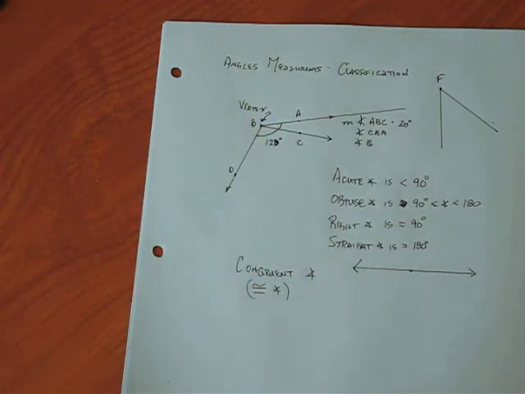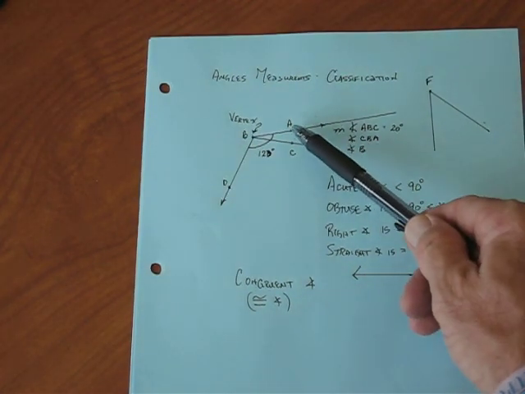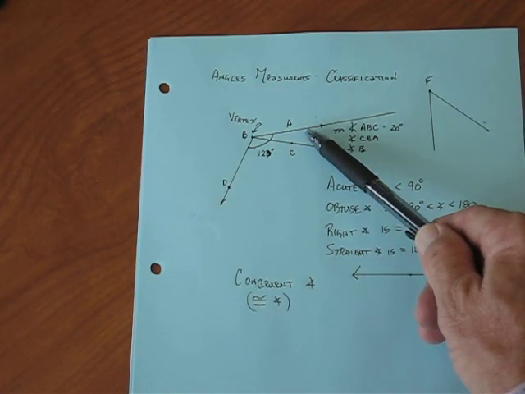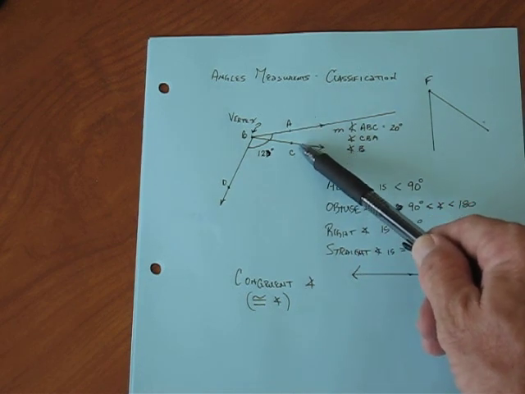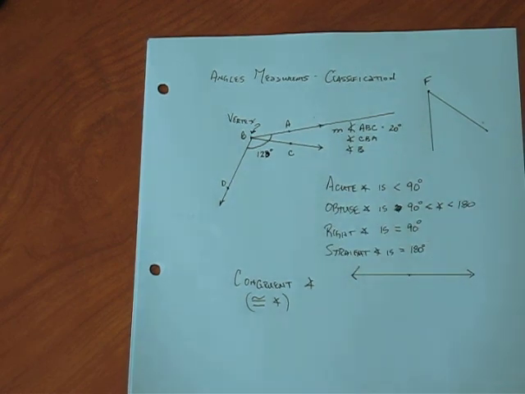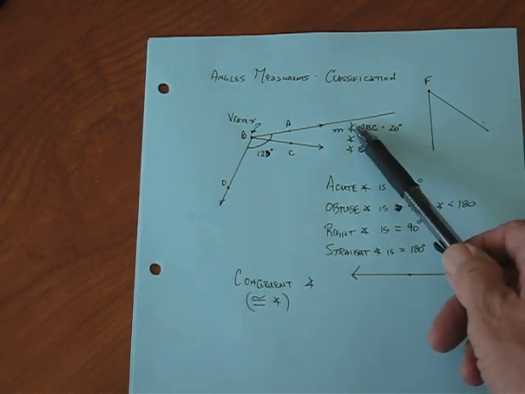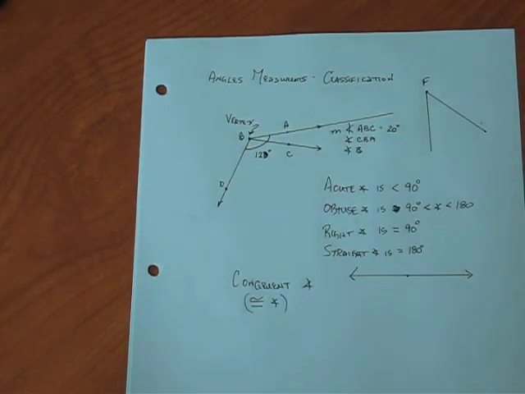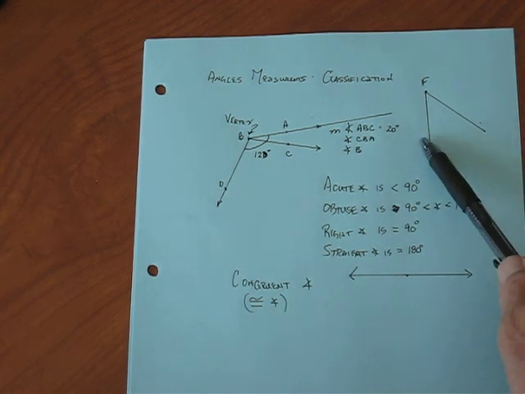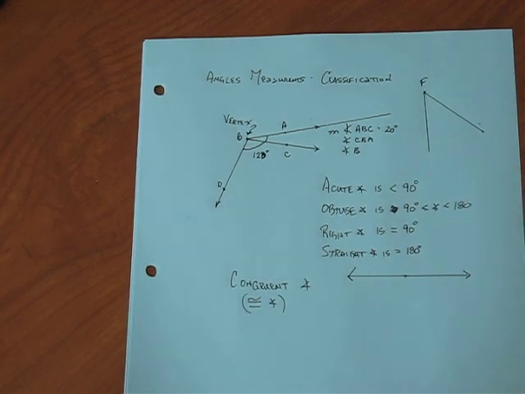But in this picture, if I say find angle B, it's confusing, because B is the vertex for three angles, and you're not sure which one you're asking somebody to focus on. So for clarity of communication, we use three letters when naming an angle. If we only have one angle, we can just use the vertex, like angle F. That isn't confusing, it's the only one there.